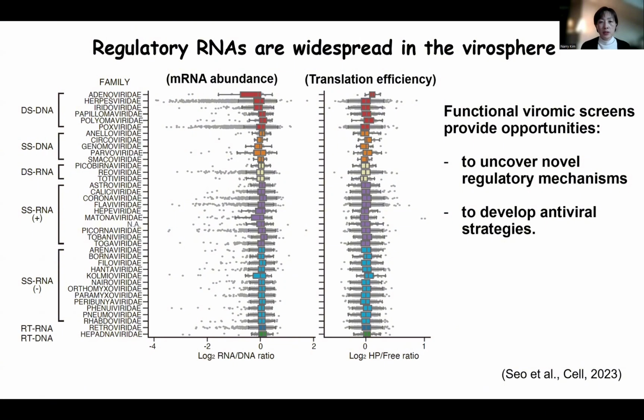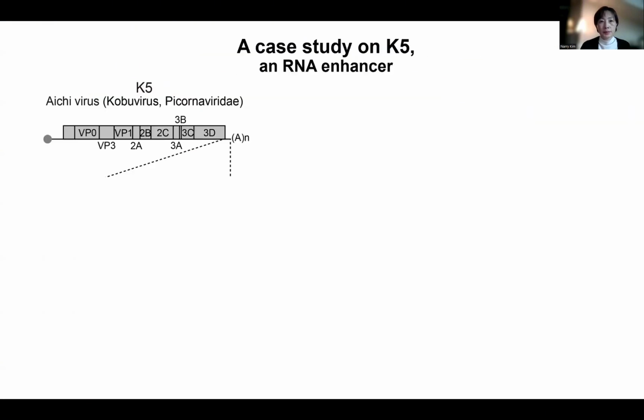And from this knowledge, we can potentially develop a new type of antiviral strategies. We are now investigating the action mechanisms of the positive and negative elements. But in this talk, let me focus on a single element called the K5, which enhances both mRNA abundance and translation efficiency.